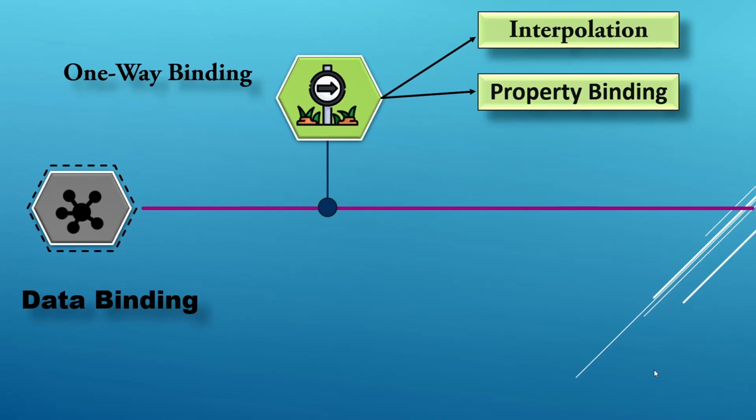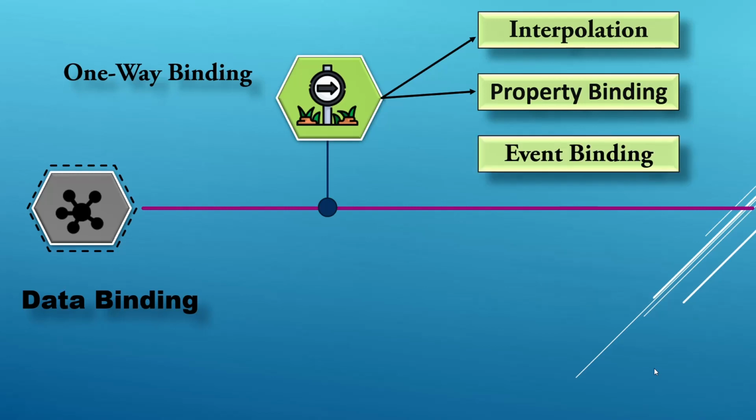So let's say you have written urlLink, it will know it is a variable of TypeScript, so it will find it in the TypeScript. Got it? So this is property binding. Whatever properties you have, you can link with the TypeScript data. You can create one variable and assign it to any property with the help of square brackets. So wherever you see square brackets, it means it is property binding.